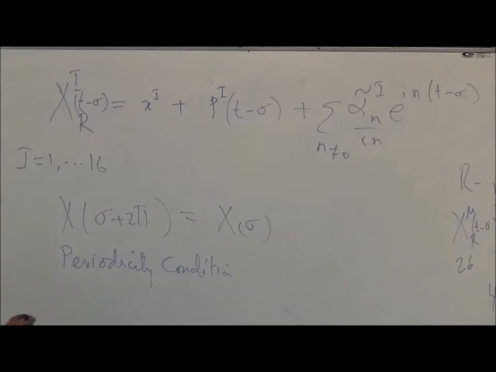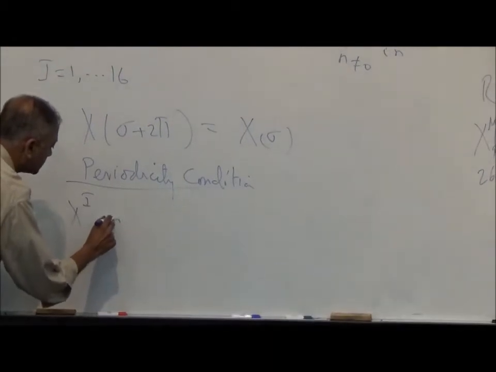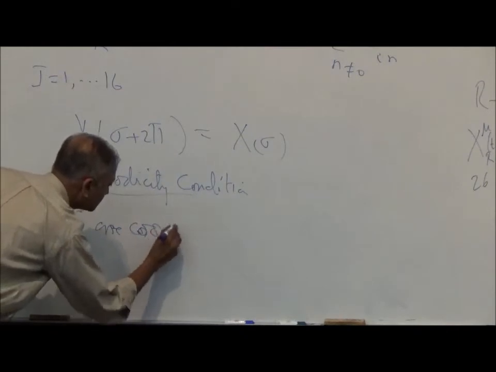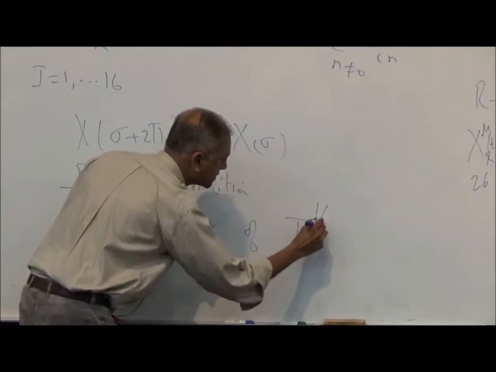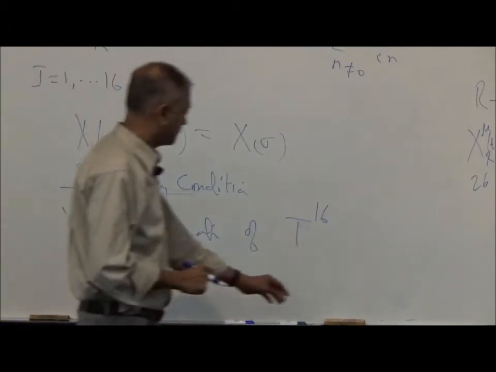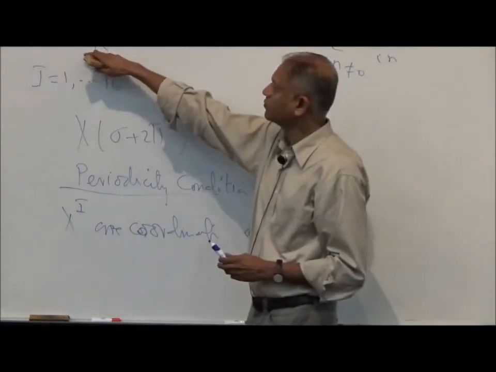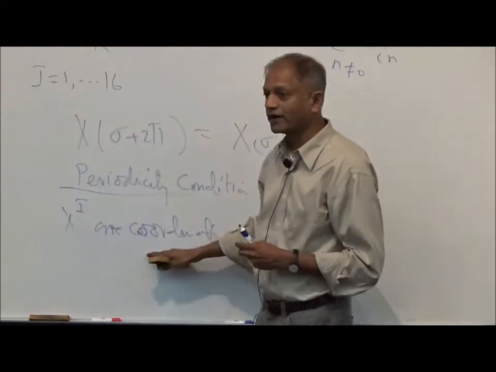So we are saying that these x_0's are coordinates of a 16-dimensional torus, circle to the power of 16. So that's the first thing. To make sense of these x's, I'm forced to think of them not as non-compact variables, but as coordinates on some torus.